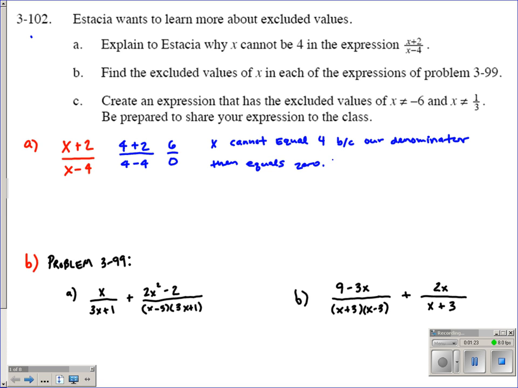This would make our value undefined, or we could say the value of this expression is then undefined.